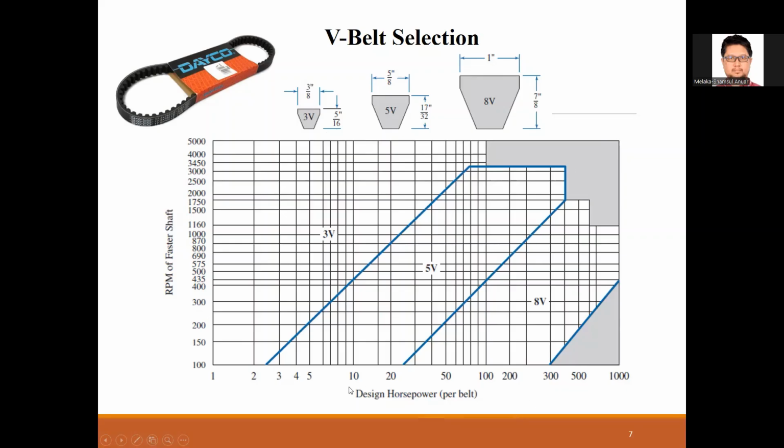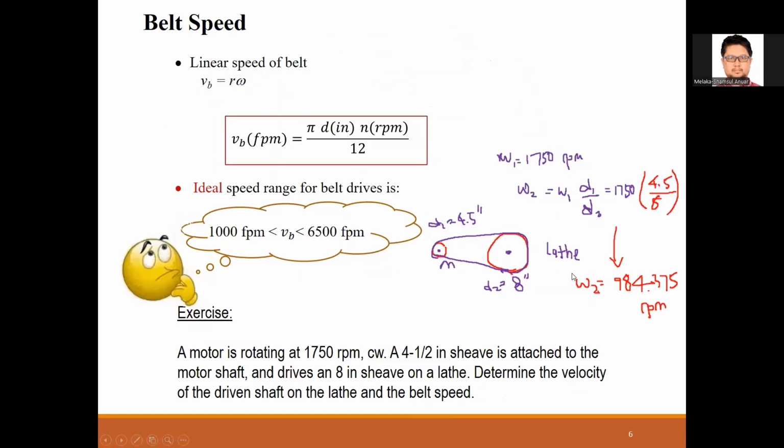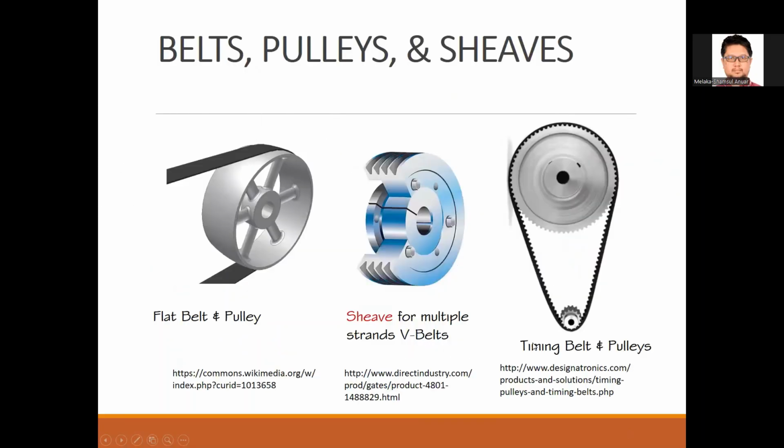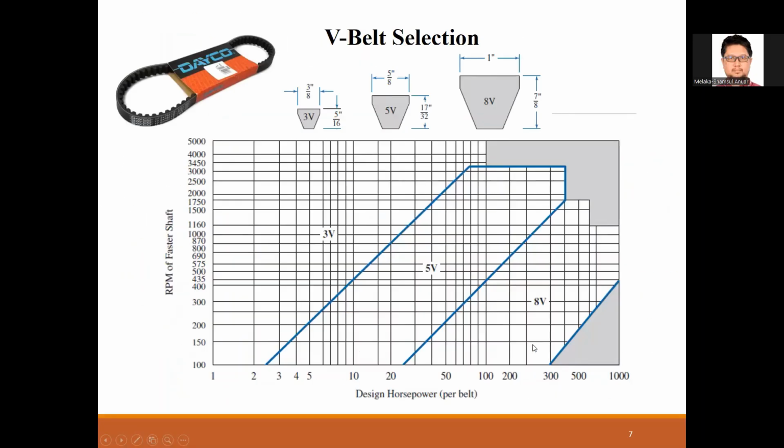Say if you want to transmit 10 horsepower, this one per belt. If you want more and you have the same constraint, you can have a multi-strand belt. I guess there's a picture here. This one has two strands. But for a lot of other applications you just use a single strand.